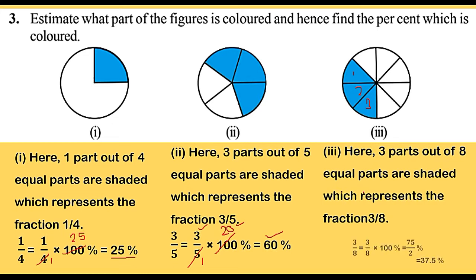Multiply by 100. 4 2s are 8, and 4 multiply by 25 will give me 100. So 3 multiply by 25 is 75 upon 2. Since it is improper, I am converting it to either a mixed fraction or decimal. So in decimal it is 37.5%.